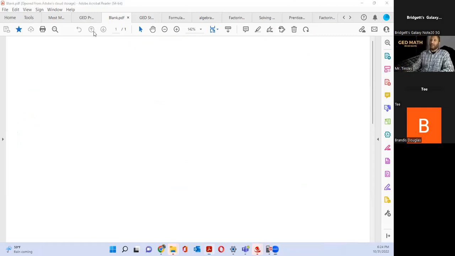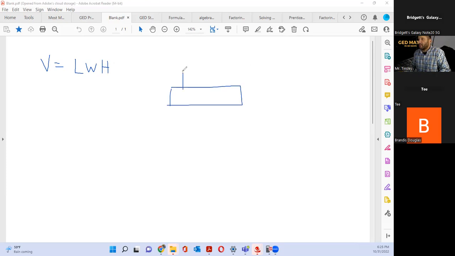So, for example, the volume of a rectangular prism is what? How do you find the volume of a rectangular prism? Length times width times height. Okay, so now say, for example, I have a rectangular prism. That's a terrible drawing, but it is what it is.